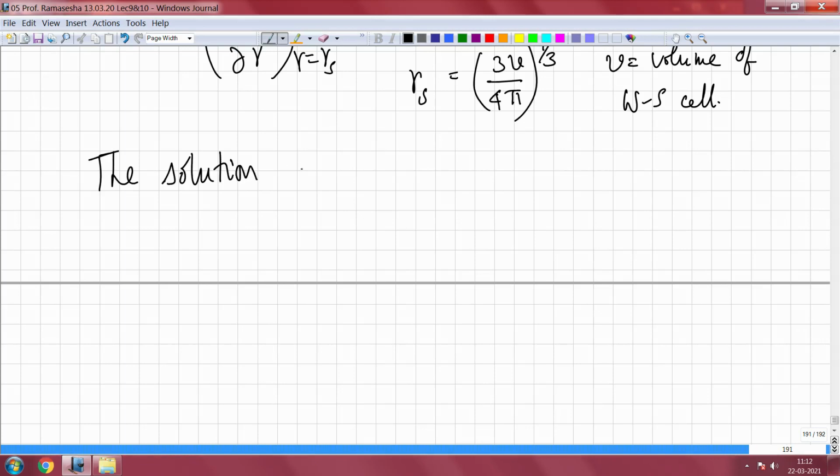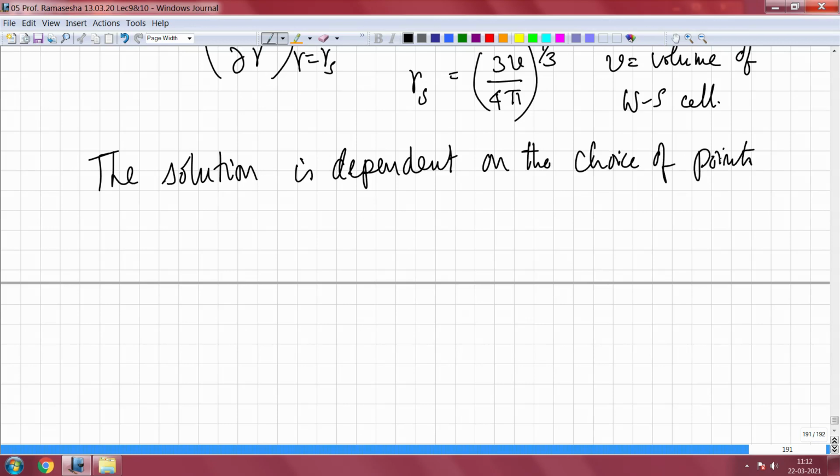The solution is dependent on the choice of points at which boundary conditions are imposed, which is not a very good thing, because for the same problem you can get different solutions, which means that the solutions are meaningless. So, the Wigner-Seitz method, although it was an interesting method, was not successful.